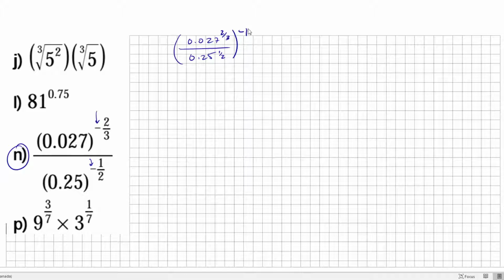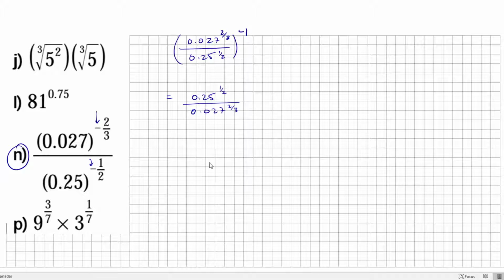Because if I use my exponent laws, I can redistribute that negative 1, and then I'll get back to the original question. So I can factor out that negative 1, and that does, in fact, allow me to flip this fraction. Okay, so I'm going to go ahead and do that. On an assessment, you can just go ahead and flip the fraction, but I wanted to show why that's possible.